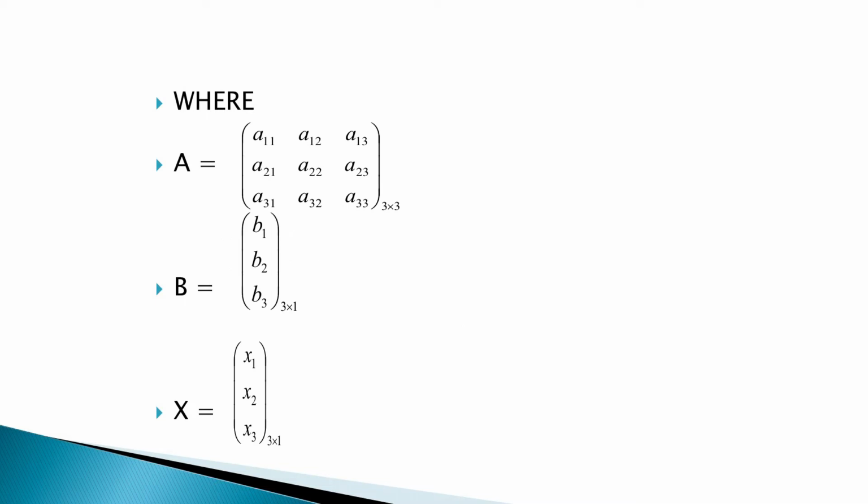A is a third order matrix having elements a11, a12, a13, a21, a22, a23, a31, a32, a33, and b is a matrix of the constants of order 3 cross 1, and x is a matrix of order 3 cross 1 taking the variables as elements.